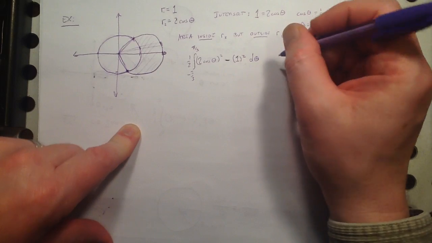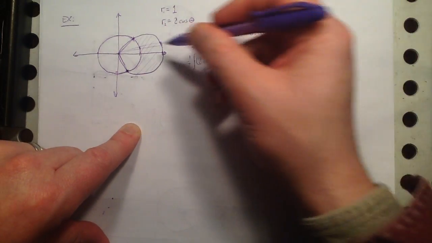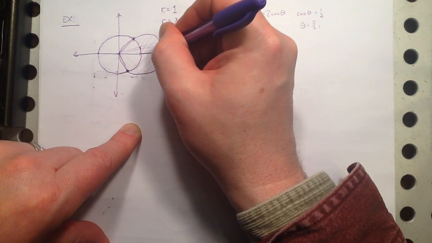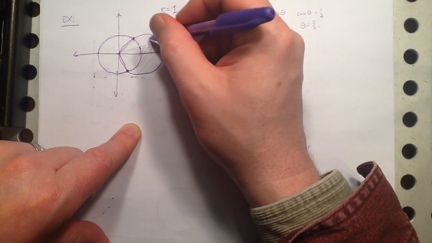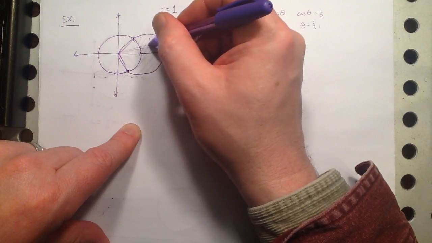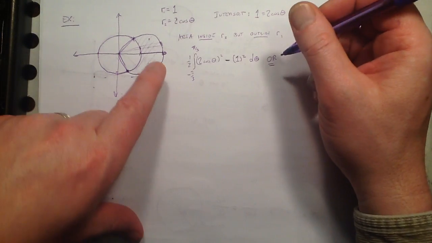Here's another way to do it, which I think I like even better. By recognizing the symmetry, you could just say, hey, the area that I'm looking for, that whole moon shape, is just 2 of these, because the top and the bottom are symmetric with respect to the x-axis.